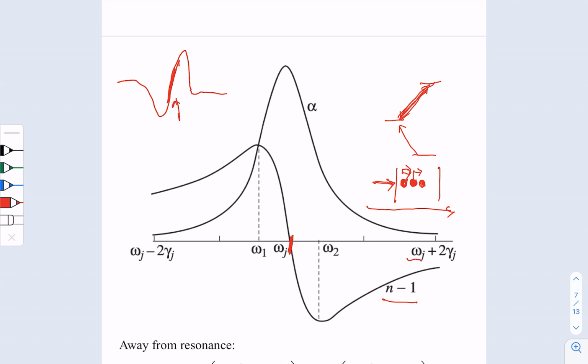I'm not sure if you have heard of the difference between the group velocity and phase velocity. But for this kind of medium, the group velocity is almost exactly zero.